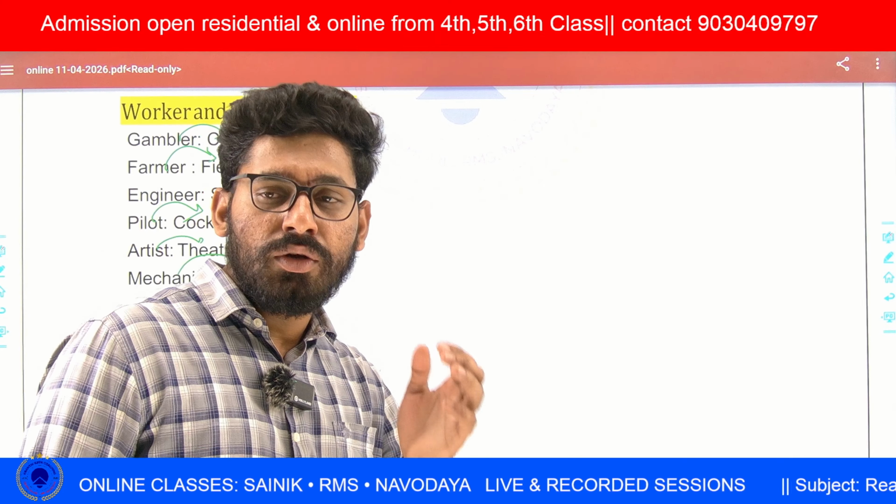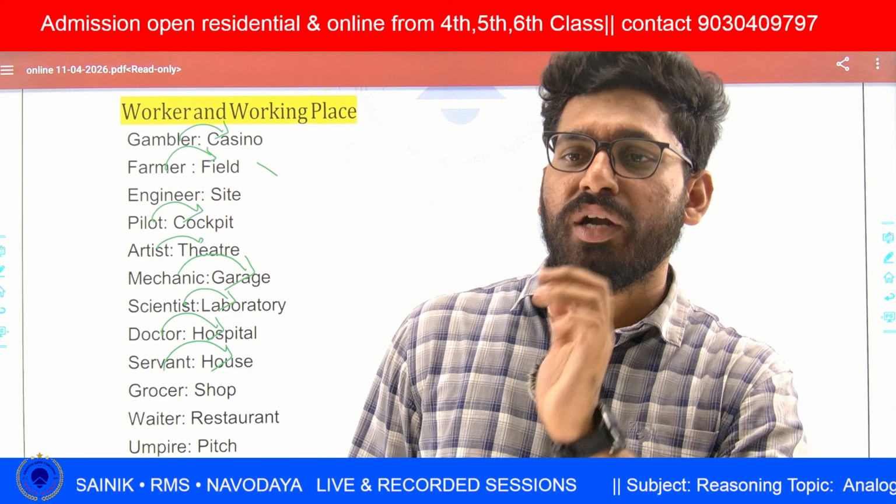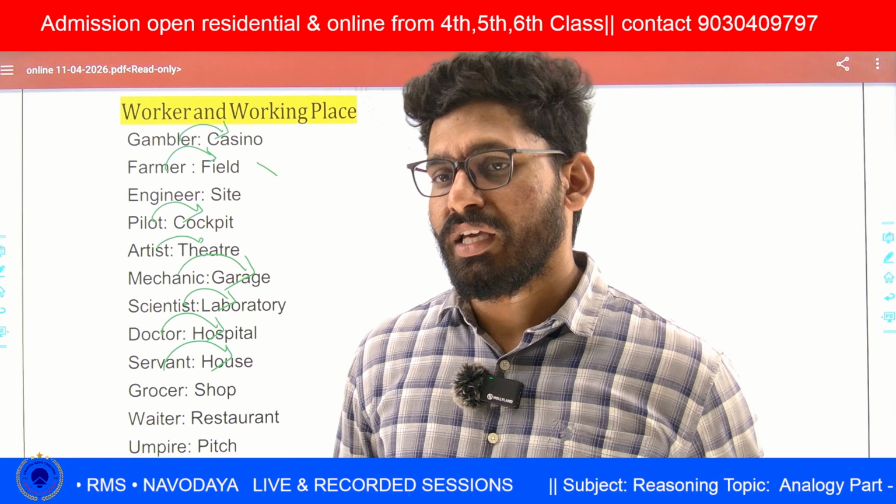And again I am telling you, don't take word-based analogy easily compared to number-based, letter-based, or mixed analogy. In number and letter analogies there might be a certain pattern; it follows some position of letters. But here we should have the basic knowledge, then only can we solve it.